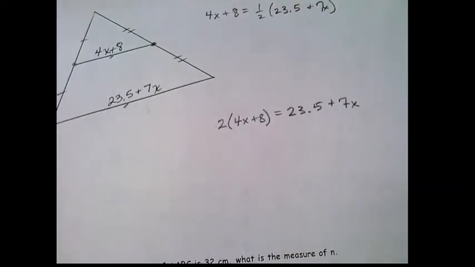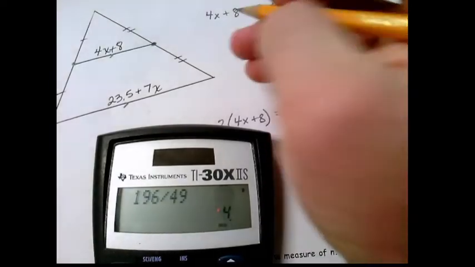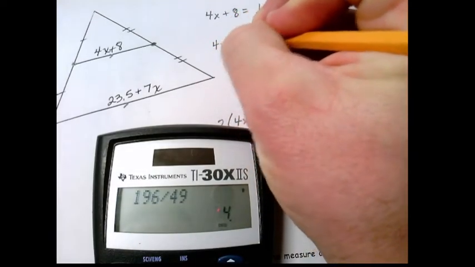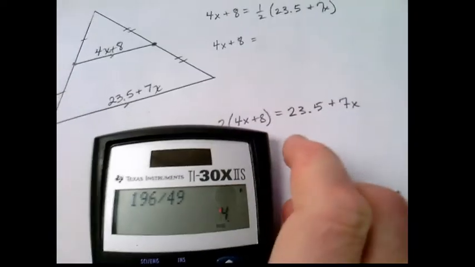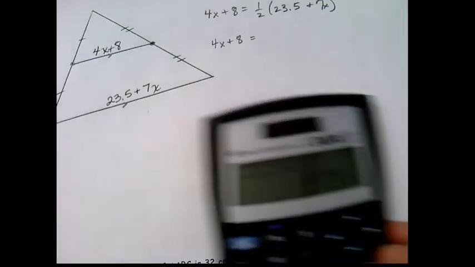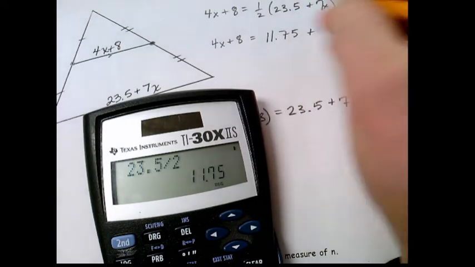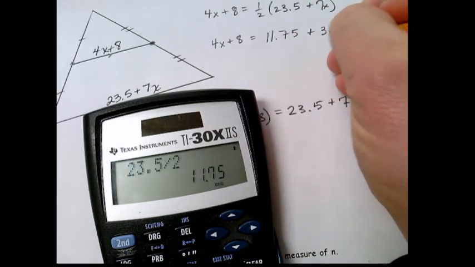In fact, in this case, let's bring my handy-dandy calculator here. If I distribute that 1/2, half of 23.5 is 11.75, plus half of 7 is 3.5x.